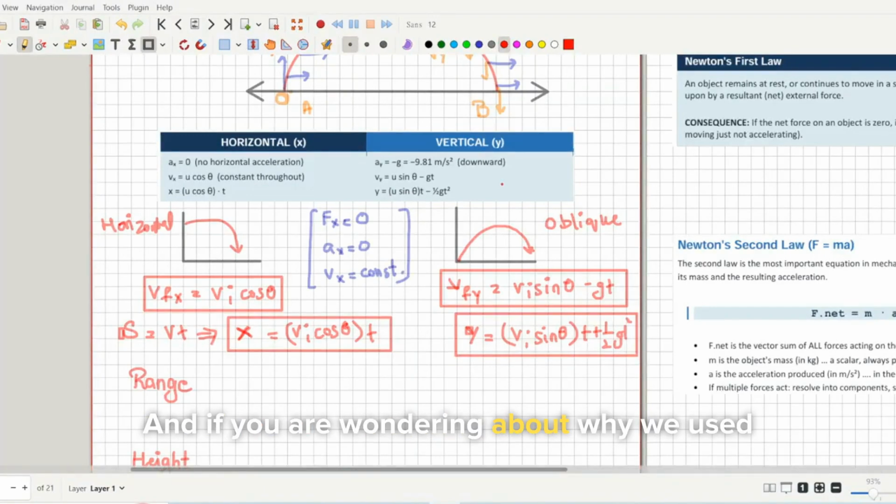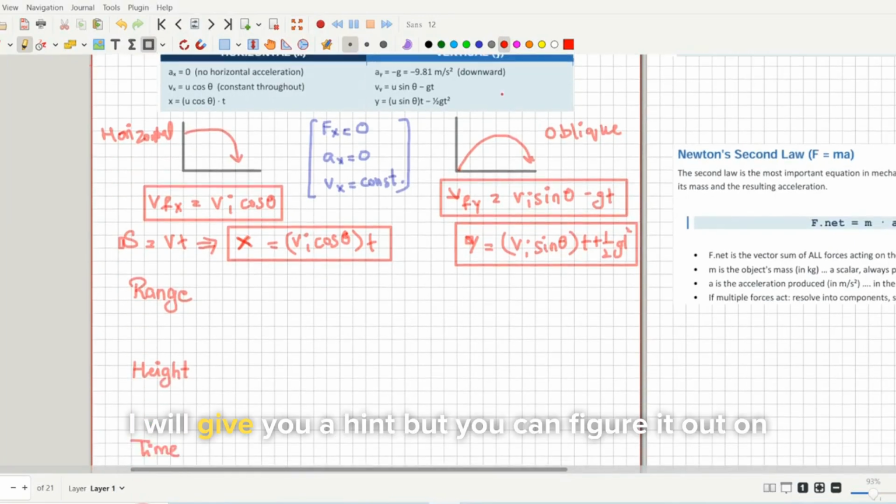If you are wondering why we used the second equation of motion in this formula and we used s equals vt in the horizontal direction, the reason is simple. I will give you a hint, but you can figure it out on your own. I know you are really smart.